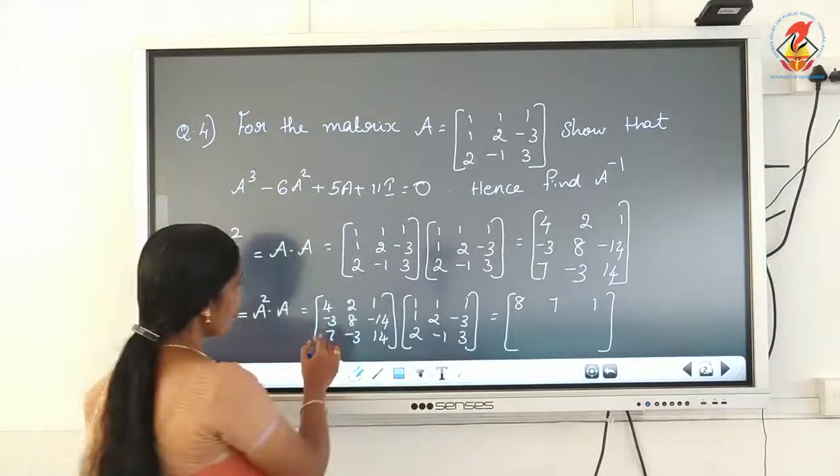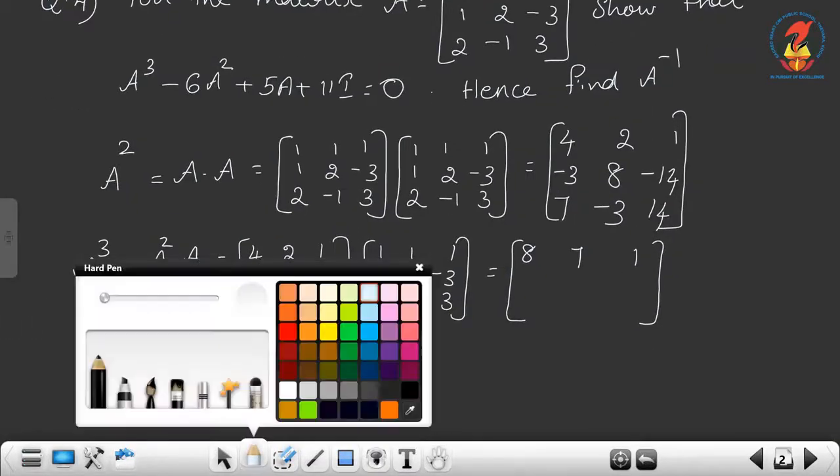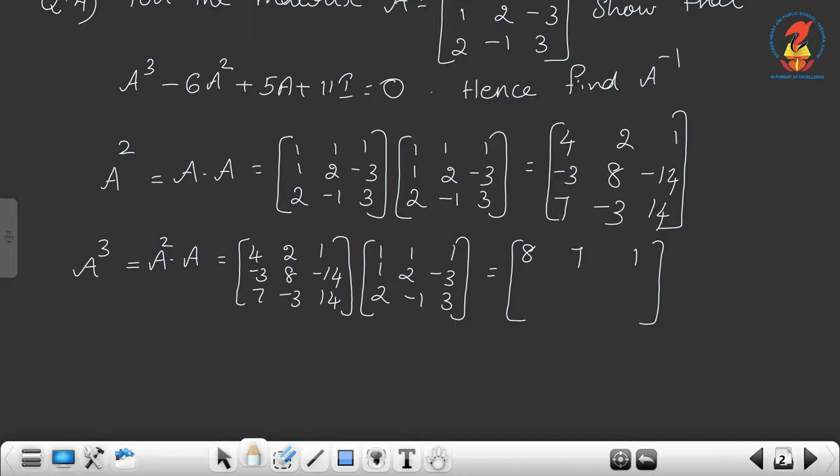Now, the next row: minus 3 into 1, that is equal to minus 3, then we have 8 into 1, then minus 14 into 2. So, 8 minus 28 is minus 20, so minus 23.